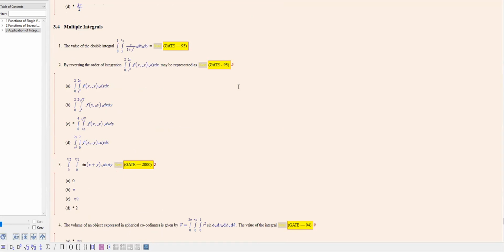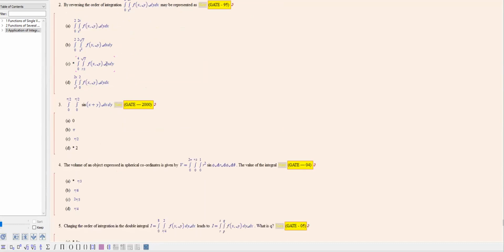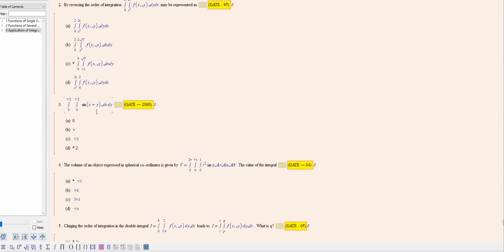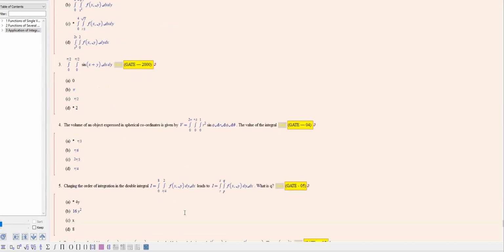Then multiple integrals, evaluation of double integral, reversing the order of integration. Okay, this is not a change of variable, it is reversing the order of integration. Next, this is a question on a double integral, simple.